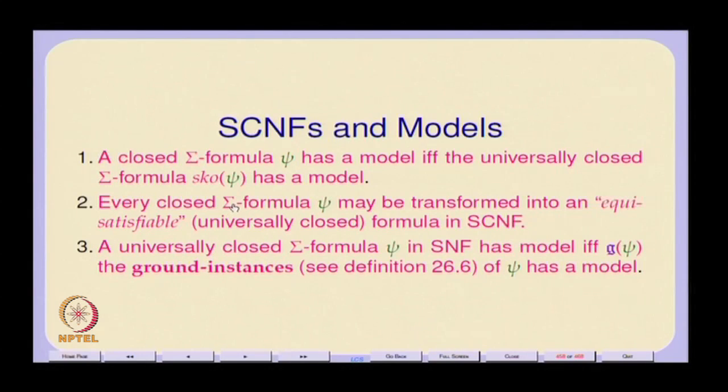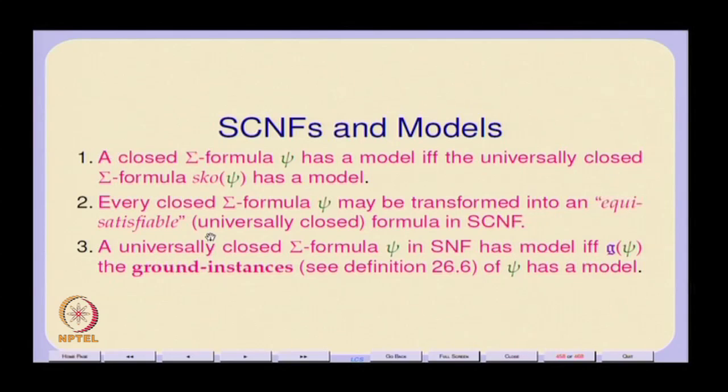So what the Skolem normal form theorem, and the conjunctive normal form for quantifier-free propositional formulae, essentially say is that, up to satisfiability, every closed sigma formula may be transformed into a Skolem conjunctive normal form.